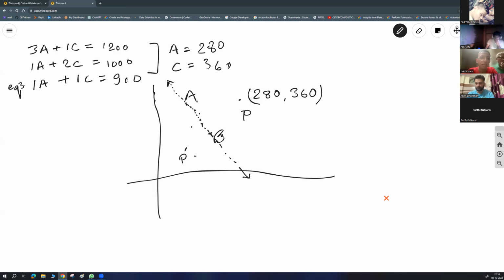Okay. And then you solve equations 3 and 1, that is 3A plus 1C equal to 1200 and 1A plus 1C is 900. You solve those two, you get one particular value of variable A and variable C. So then you represent that as a point B here in the line.